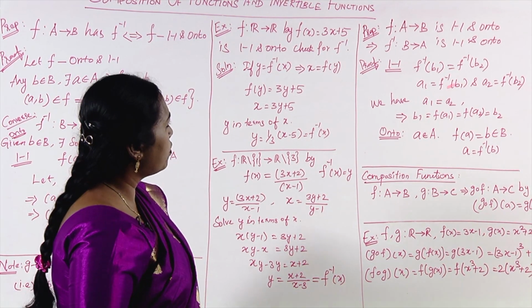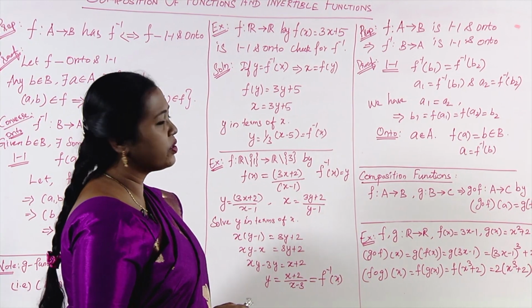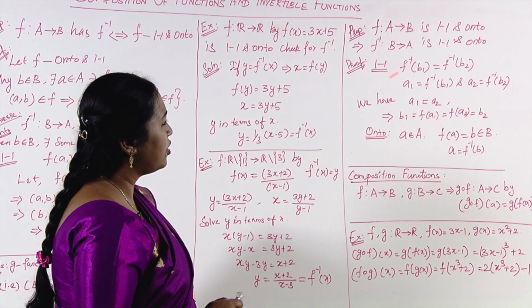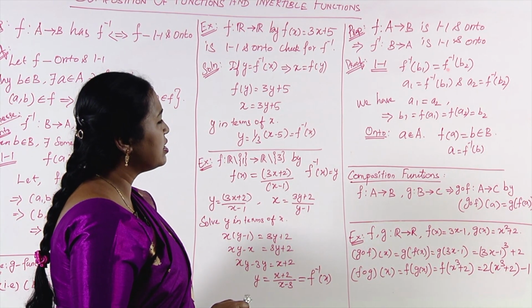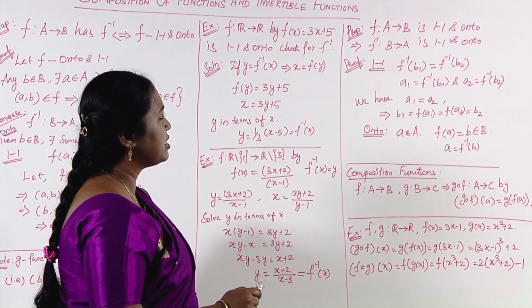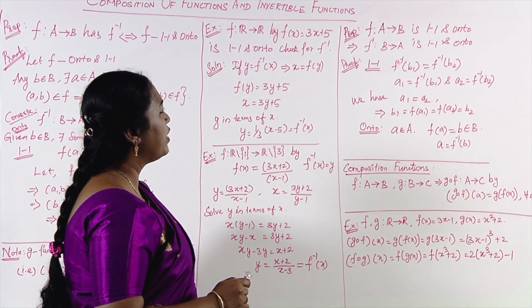We shall see the proof of this theorem. I need to prove that f inverse is also 1-1 and onto. For that I use the usual technique. f inverse of b1 is equal to f inverse of b2, and I must prove that b1 is equal to b2, only then I can say f inverse is 1-1.